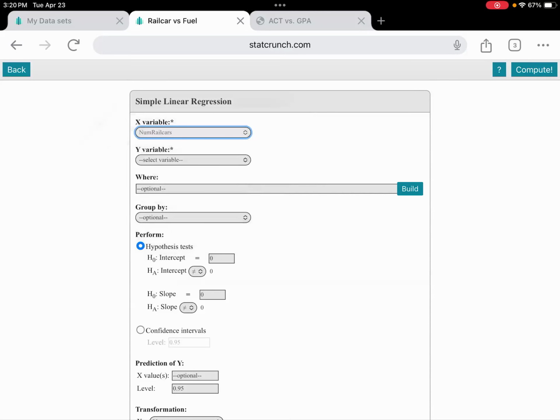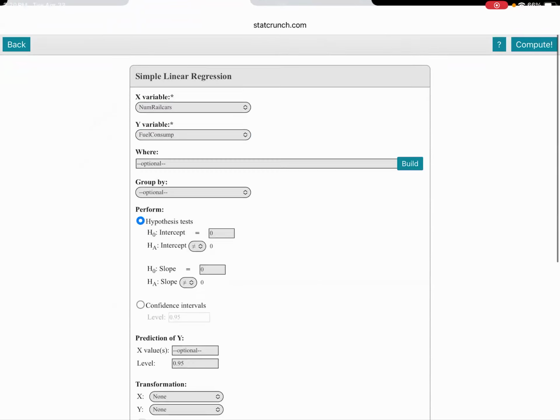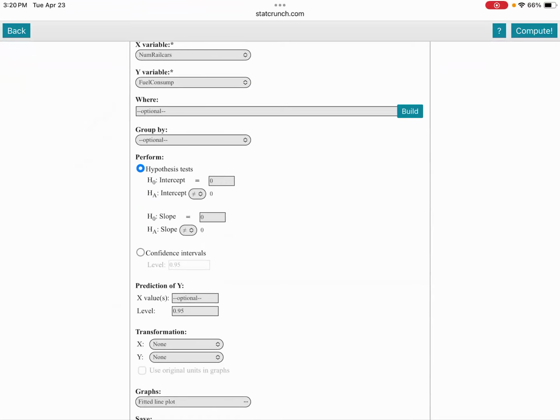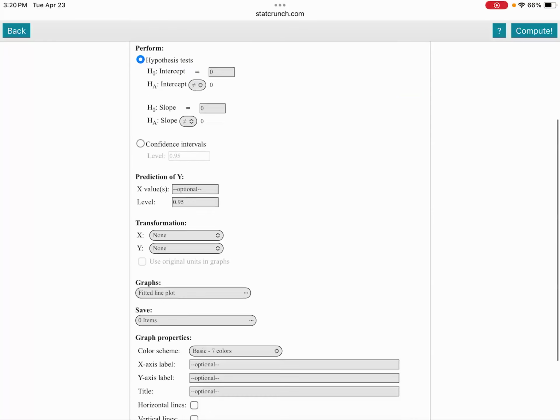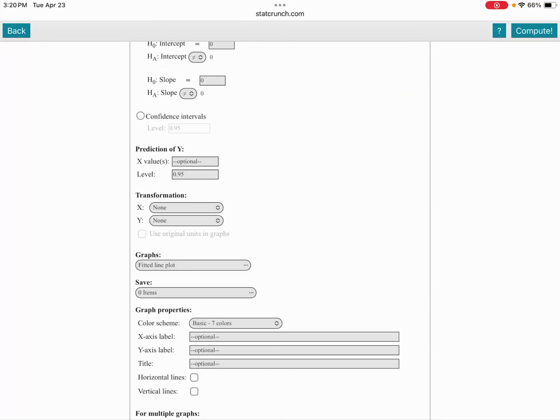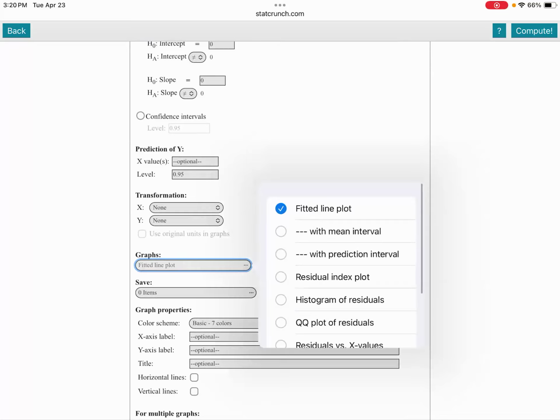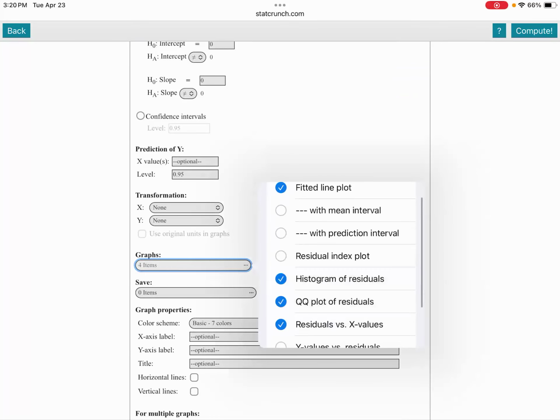We already picked our x and y variables when we made our scatter plot. So some good news, don't need to mess with that. We will occasionally use prediction of y, but the big one is the fitted line, and then we're going to do histogram of residuals, QQ of residuals, and residual versus x value. These are all about our conditions as well. But two of these, histogram and QQ plot, we always do that, right?